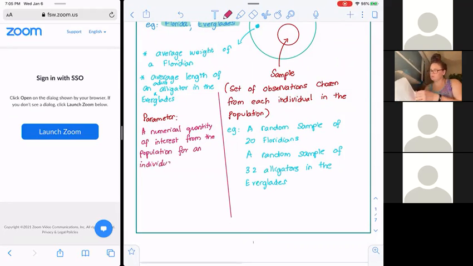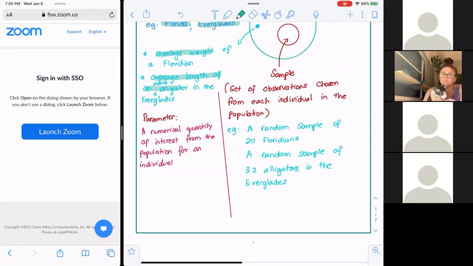So in the first example, the average weight of a Floridian would be a parameter. The average length of an adult alligator for the Everglades example would be a parameter.